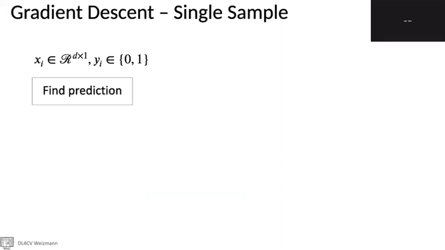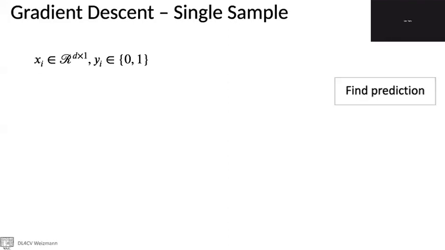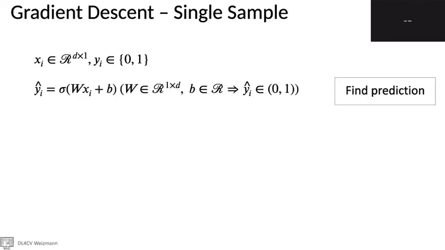So let's start from the single example. We are given only one data point, which is xi, a vector in R^D, and yi is either 0 or 1. First of all, we're going to find a prediction. We're going to apply the linear transformation using some W and B that we initialized in a random way, and we're going to apply a sigmoid over it.